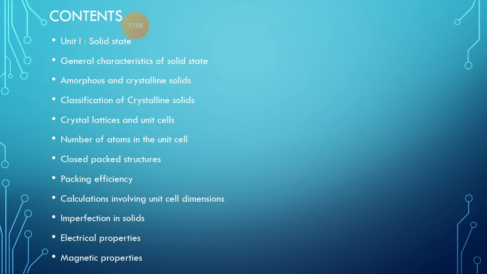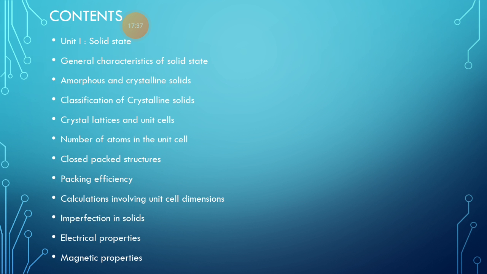Then we are going to learn about the magnetic properties of solids, whether they are attracted by a magnet or repelled by a magnet. Here we are going to learn about ferromagnetic, ferrimagnetic, antiferromagnetic, paramagnetic and diamagnetic substances. So these things come under chapter number 1, which is called the solid state.